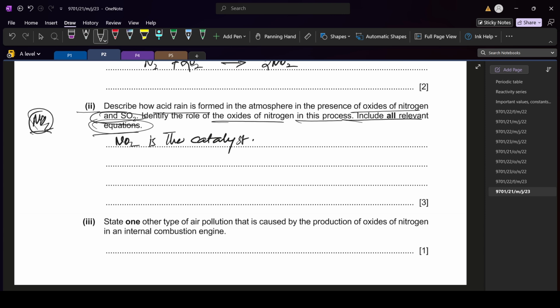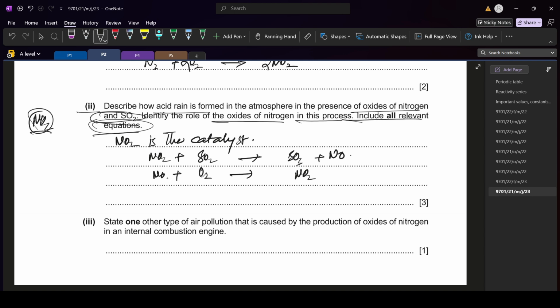So this nitrogen dioxide actually reacts with sulfur dioxide to form sulfur trioxide and nitrogen monoxide. Then this nitrogen monoxide reacts with oxygen in the air to form nitrogen dioxide. So in the end, nitrogen dioxide is unchanged, so it is a catalyst, and this catalyzes the oxidation of sulfur dioxide to sulfur trioxide.